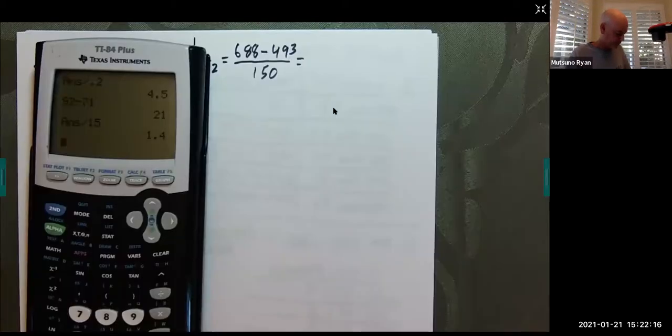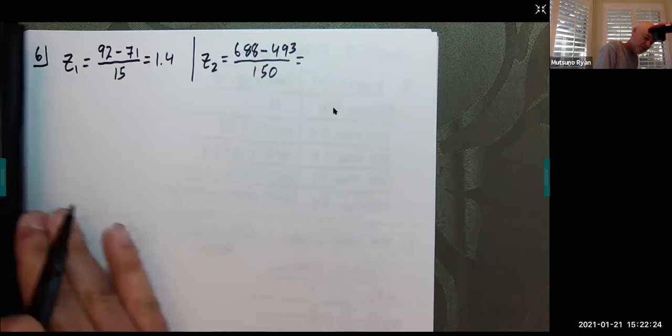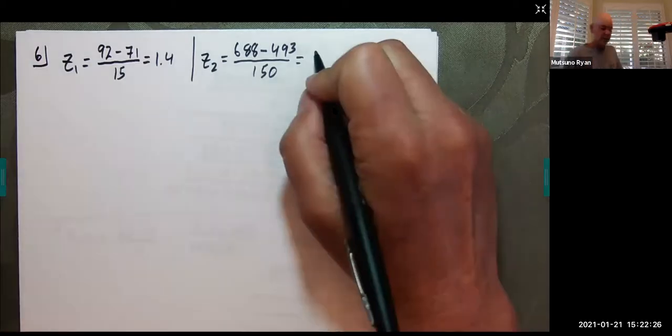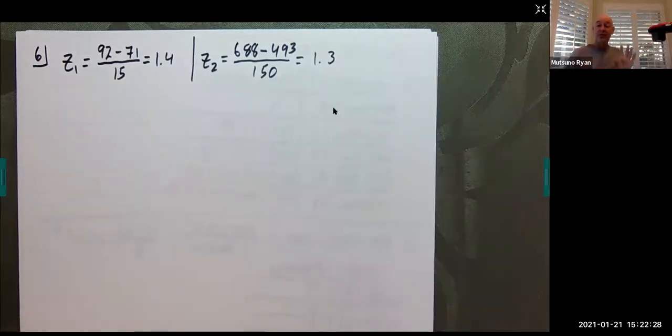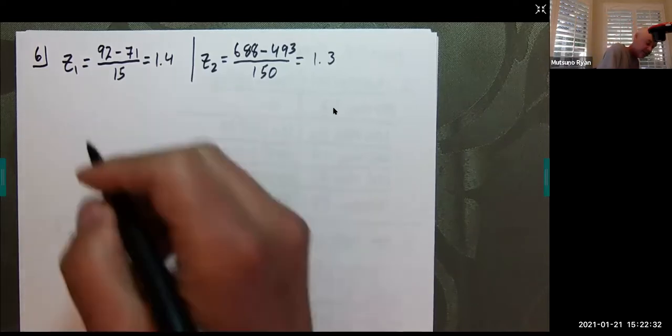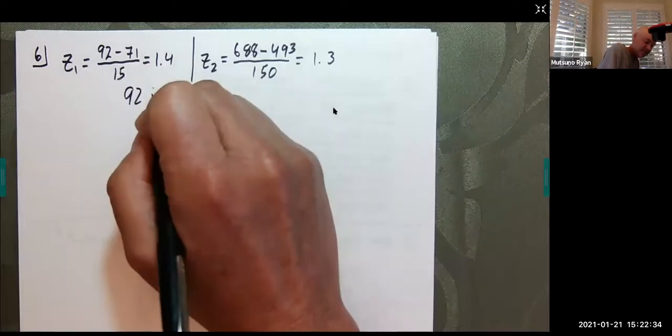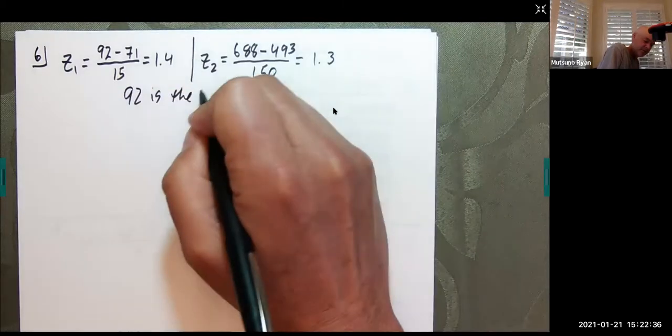That's 1.3. So a larger z-score means that it's further away from the mean, which means it's a better score. So in this case, 92 is the better score.